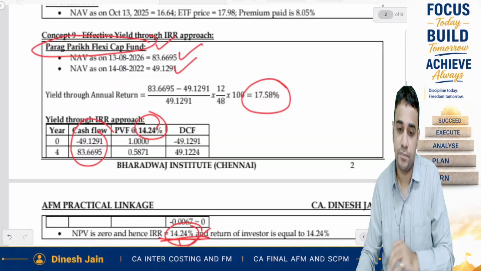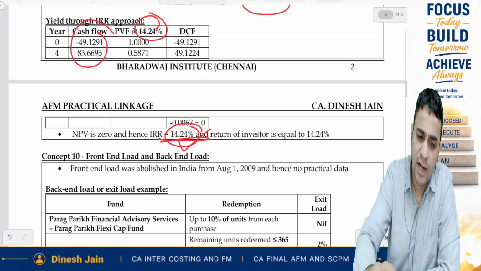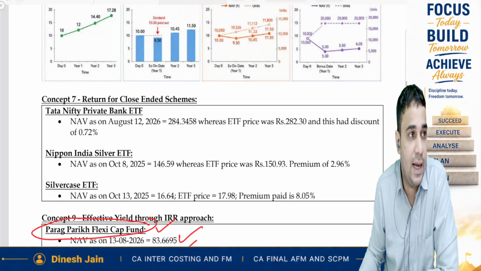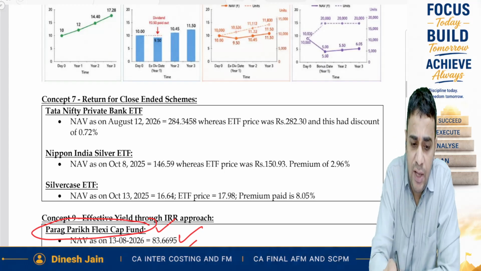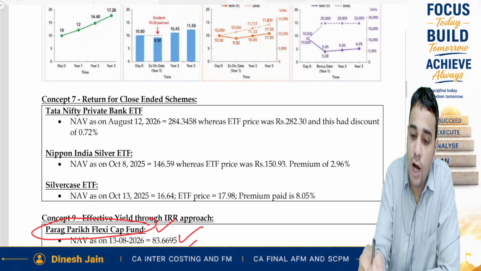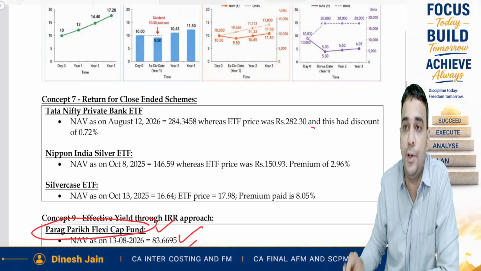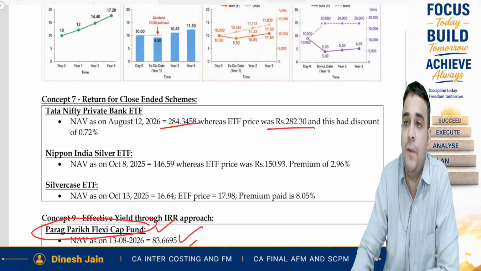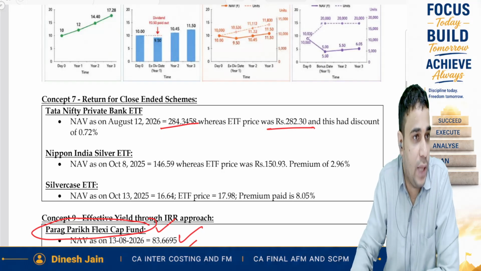The challenge is, even a close-ended fund declares its NAV. The NAV was 284, but in the stock market people were paying 282 that day.